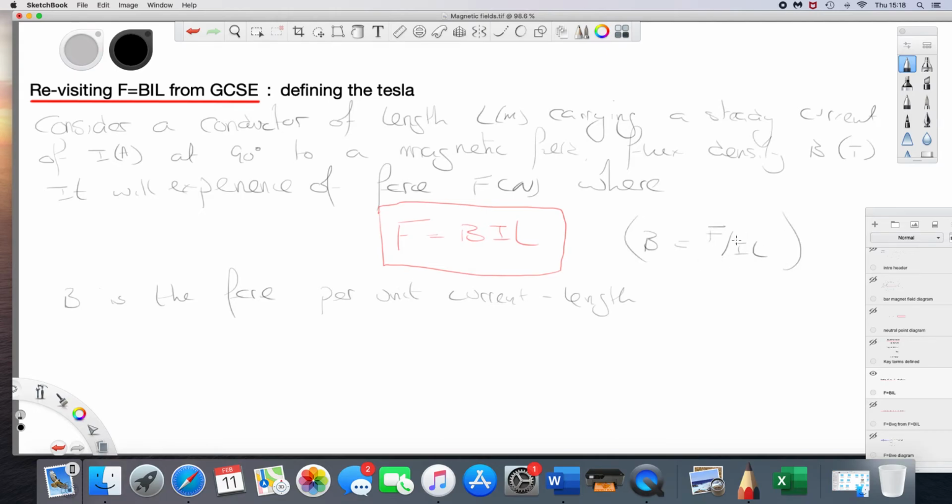It is the force per unit current length. Okay? So, if we were to put that in terms of units, we know that the units are Tesla, but 1 Tesla is a Newton per amp per meter.